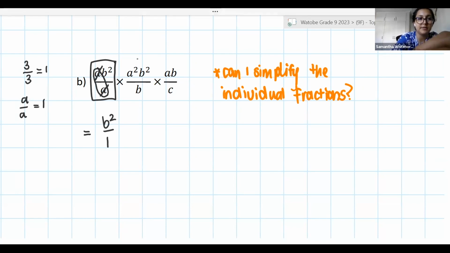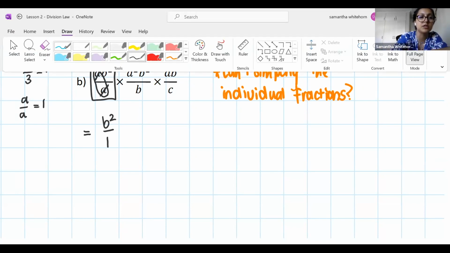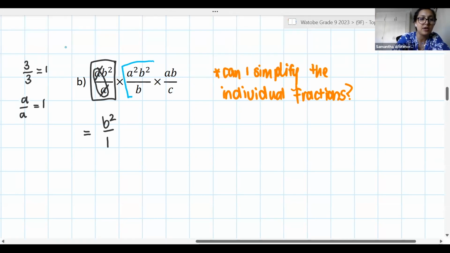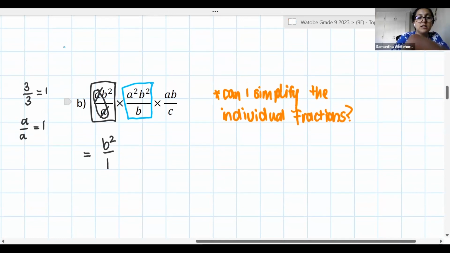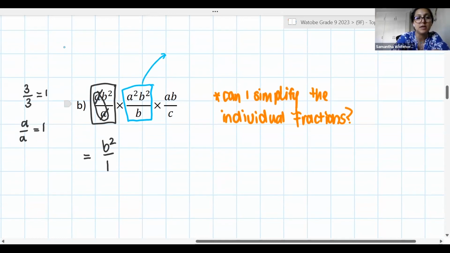I have simplified. If I then move on to my second fraction, I've got A squared B squared over B. Because I've got the same B bases over there, I could potentially use my division law.